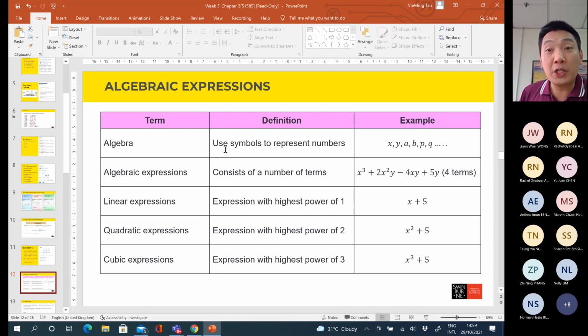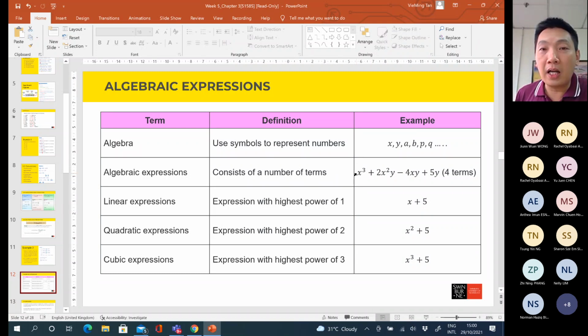We call it an expression of this unknown variable, which can be presented in algebraic expressions, something like this: x power 3 plus 2x power 2 y minus 4xy plus 5y. This type of expression is considered an algebraic expression because there are unknown variables, x and y. We don't know the values.